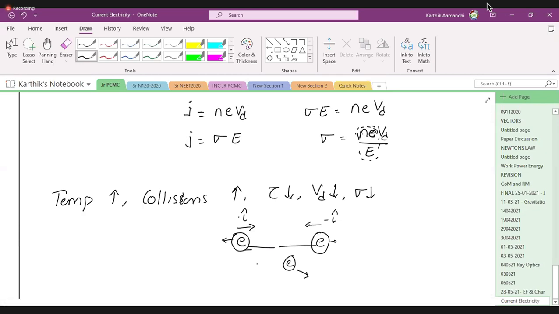When you give energy, all these thousand electrons vibrate and get enough kinetic energy. They start moving, coming and hitting. Then one goes back, and there is obviously another electron ready to come and hit. That's why drift velocity decreases, because there is a pool of electrons moving in your direction.